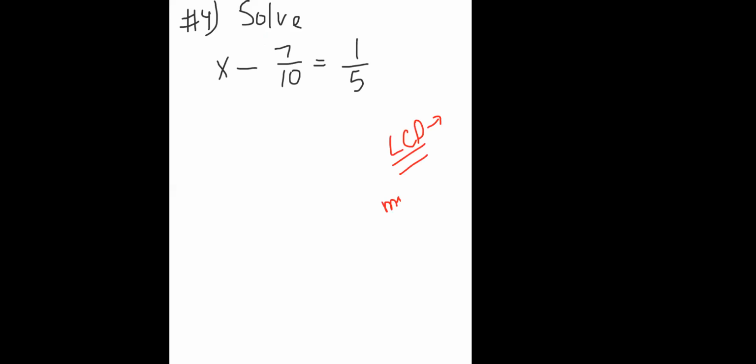We just got the LCD and then canceled out the denominator. The LCD in this case is 10. So we put x over 1 and multiply it by 10. 10 doesn't need to get multiplied, but 5 does, by 2.